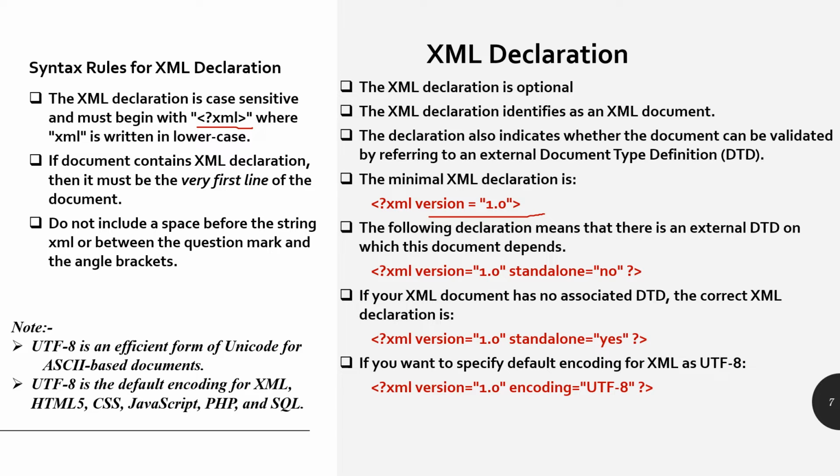Then, as I have already seen, an important thing is we can validate it by referring to an external document type definition. So we need to specify whether there is an external DTD or not.